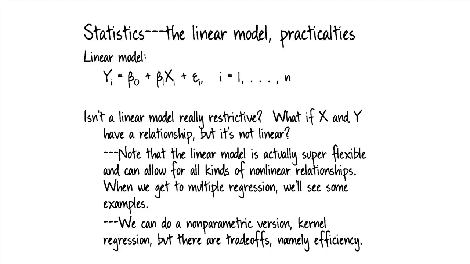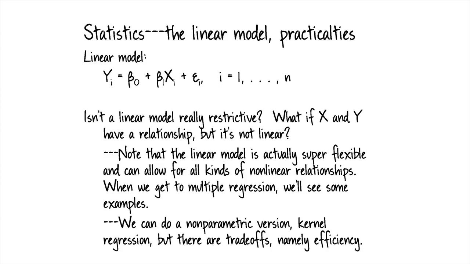One additional comment I want to make is that we can do the non-parametric version of a linear regression that Esther talked about last time, a kernel regression. Researchers do estimate kernel regressions, and they're useful in a lot of situations, but there are serious trade-offs, and there are very good reasons why the linear regression is the workhorse that it is.